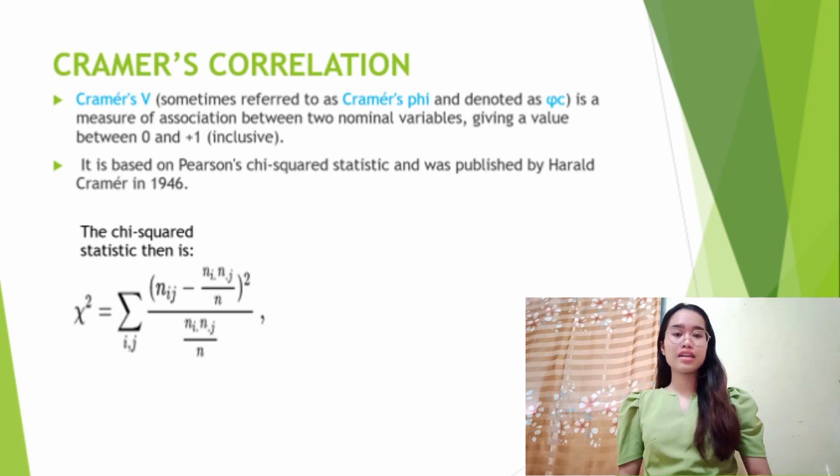Finally, let us discuss the last topic, Cramer's correlation in statistics. Cramer's V, sometimes referred to as Cramer's phi and denoted as phi c, is a measure of association between two nominal variables.